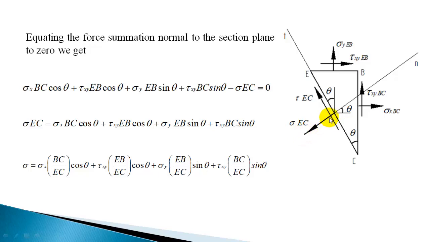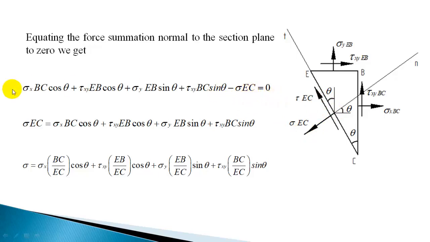So that downward force I'll take as minus sigma EC. The components of all these four forces are acting upward, so I have taken all of them plus, and this is acting downward, so minus sigma EC is equal to 0.